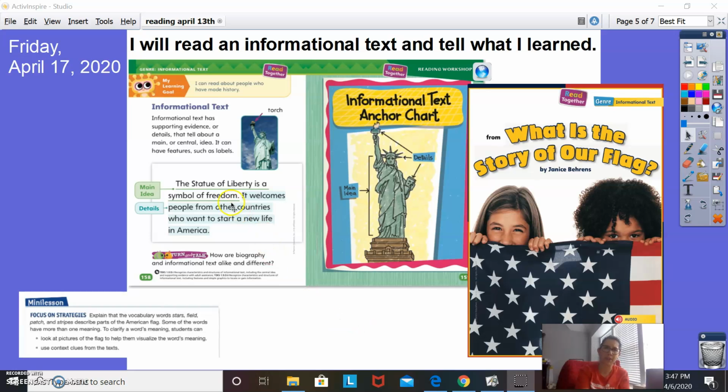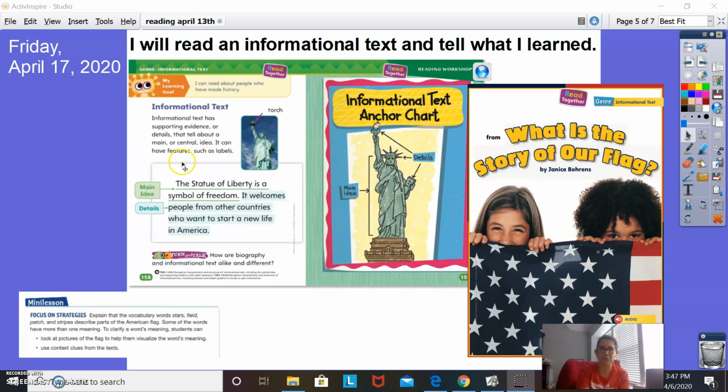And if we look over here to this picture, let's read together right here where it says informational text. Informational text has supporting evidence or details that tell about a main or central idea.